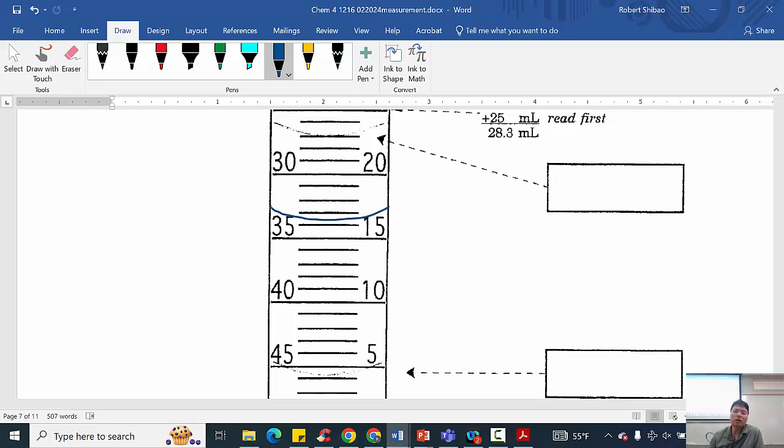The surface of the water is curved like this, and the reason it's curved is because water loves sticking to glass. Water likes sticking to glass more than other water molecules, so it prefers to be with glass than with other water molecules, but it can't climb too high because of gravity.